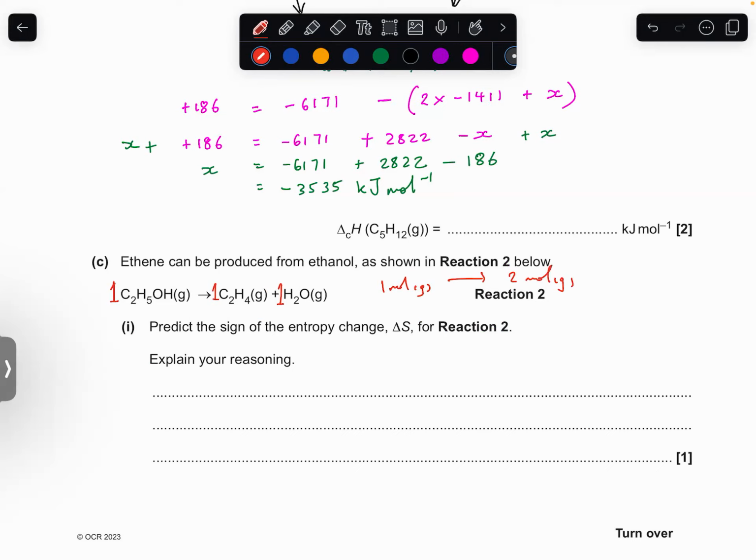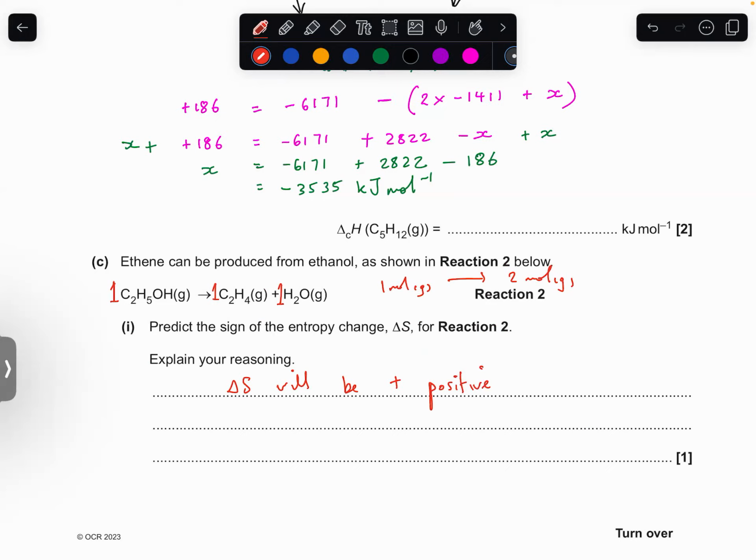So to predict the sign, the entropy change will be positive. Positive because it's gaining entropy, because it's gaining disorder. Why is it gaining that disorder?